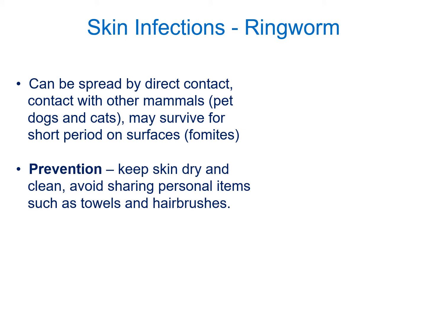Prevention comes down to keeping the skin dry and relatively clean, so proper hygiene, and avoid sharing personal items such as towels and hairbrushes. Hairbrushes can transfer fungi that live in the scalp, and combs and so on. So you want to avoid sharing items like that if there's any suspicion that you may be carrying these fungi or someone else may be carrying them.